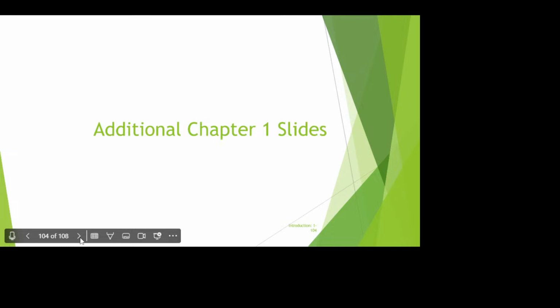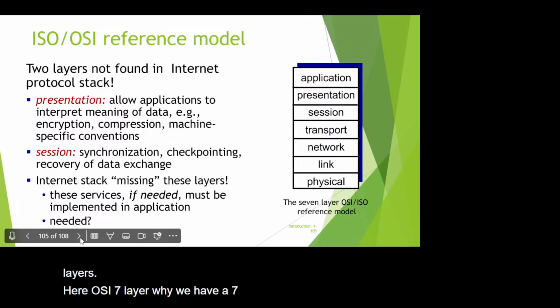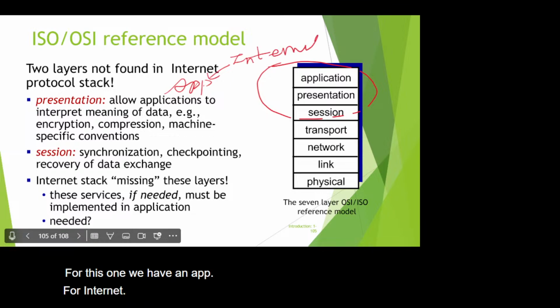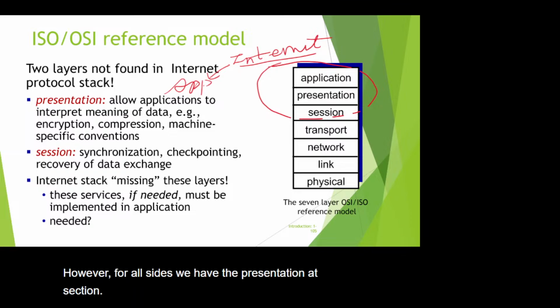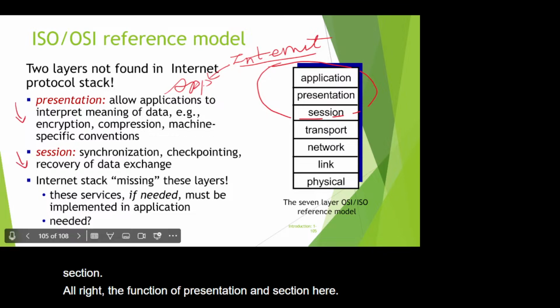And we have some additional discussion, including the OSI 7 layers here. Why do we have 7 layers? For the internet, we have an application layer. However, for OSI, we have the presentation layer.